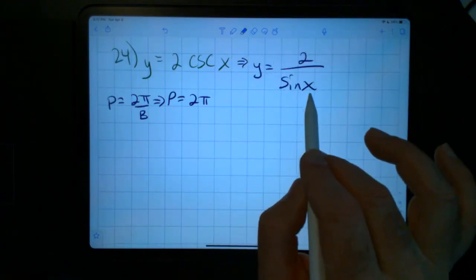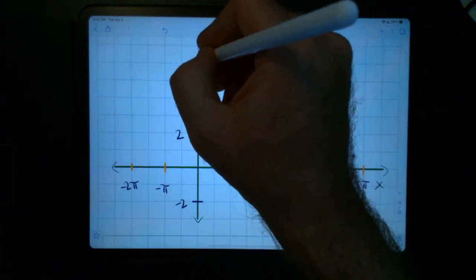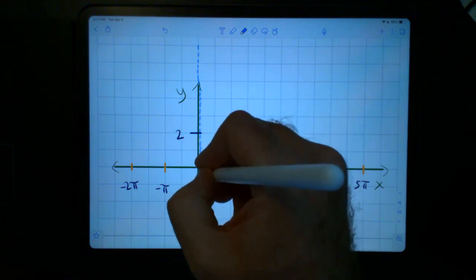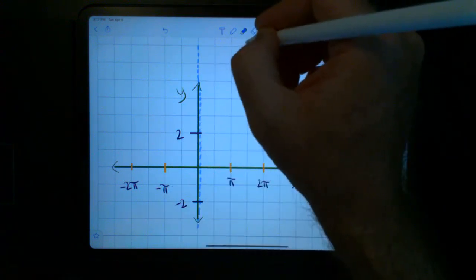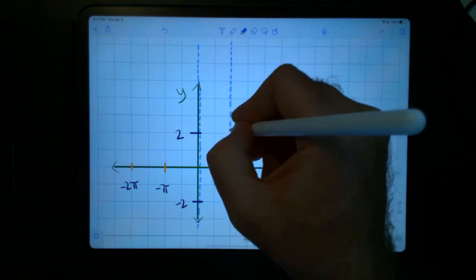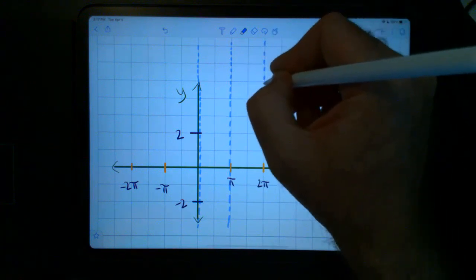Then our asymptotes happen at 0. Also, sine of pi is 0. Sine of 2 pi is 0.